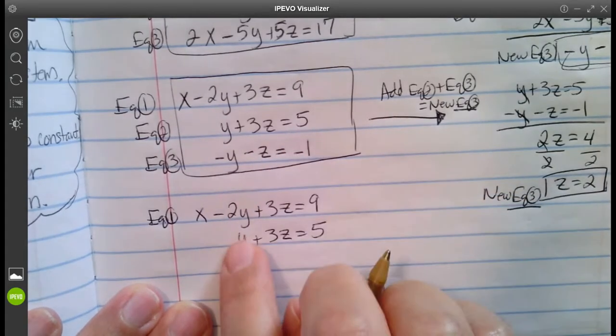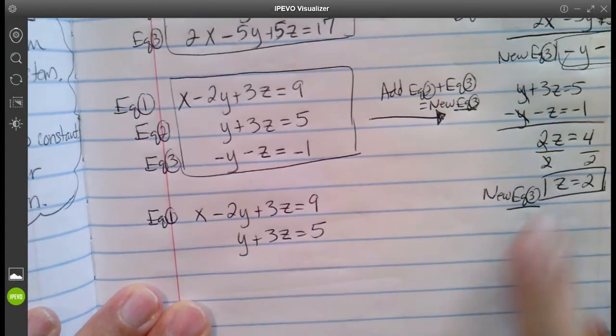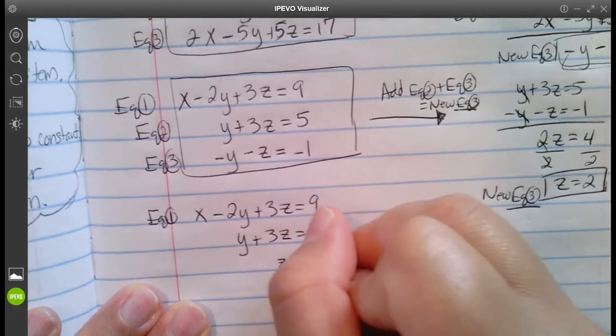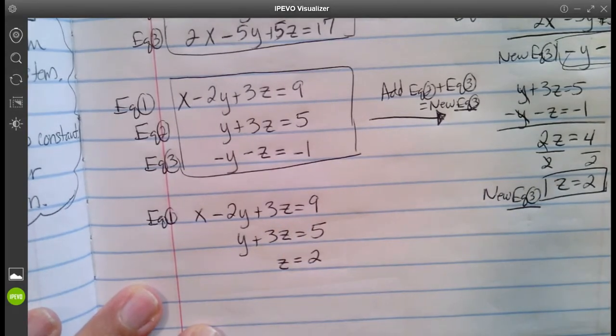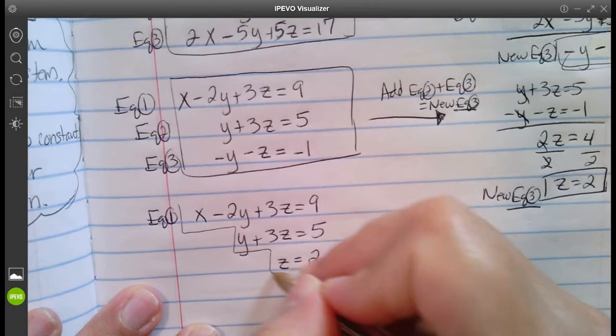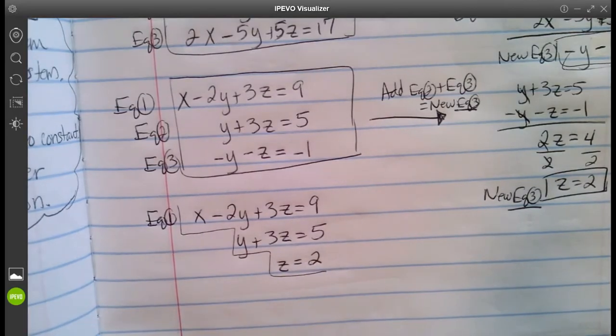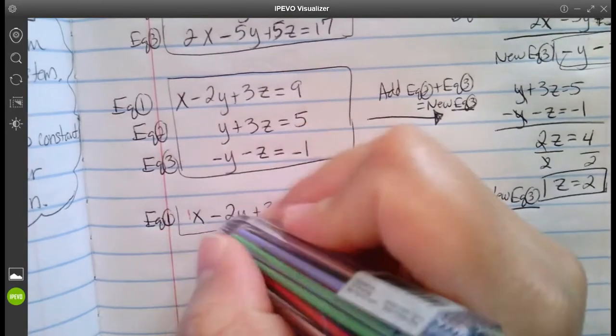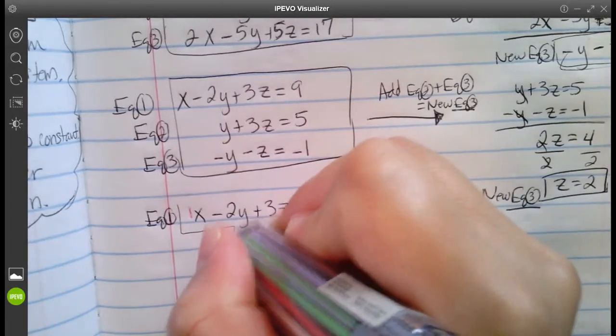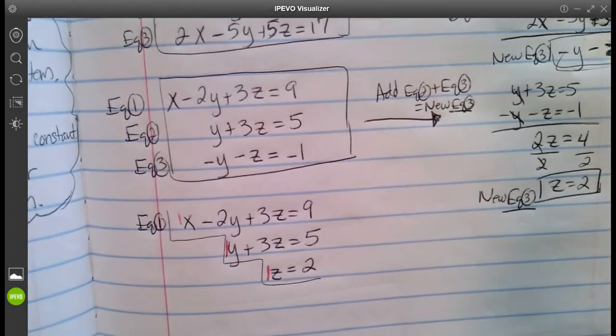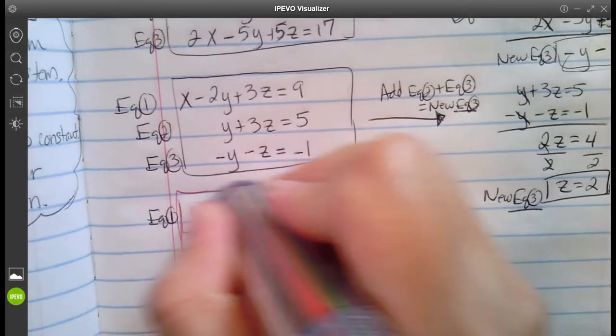There's our second equation. And our new equation 3 is now this guy right here. So z equals 2. And it looks like we have that step that we wanted. We also have our leading coefficients of 1. So 1x, 1y, 1z. So it looks like we are now in row echelon form.